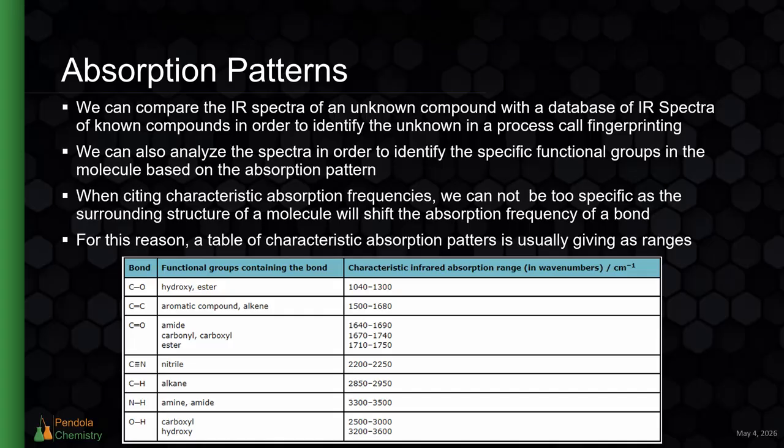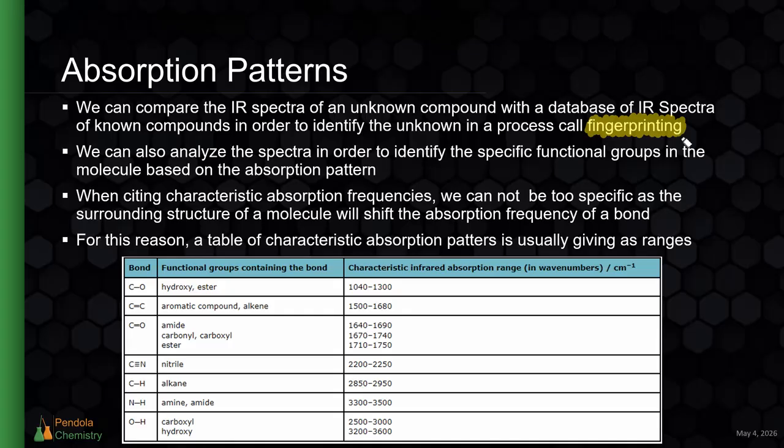Because very much like we fingerprint people, when we fingerprint using IR spectroscopy, what we're essentially doing is running an IR spectra for an unknown compound, and then we're simply comparing that to the IR spectra of a bunch of known compounds, to see which one matches.